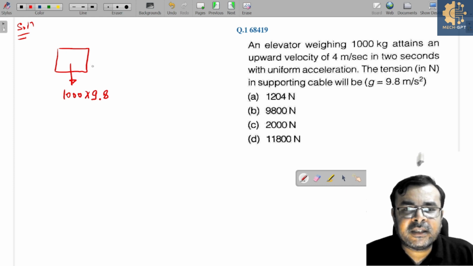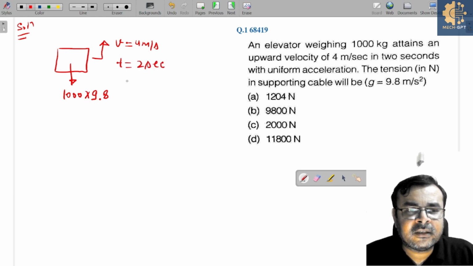Elevator weight is 1000 kg and it attains an upward velocity. Yes, it is moving in the upward direction with velocity 4 meter per second in 2 seconds. T is equal to 2 seconds with uniform acceleration.